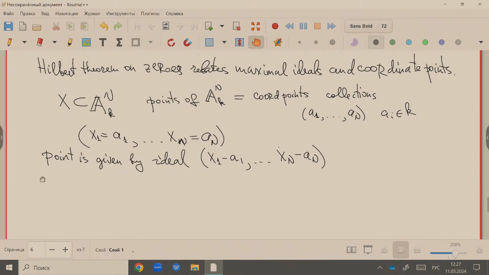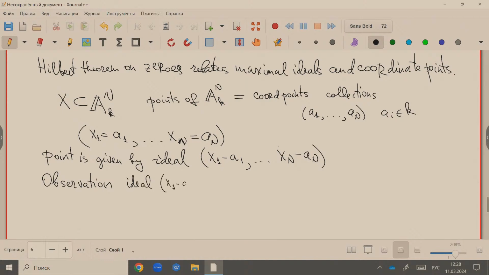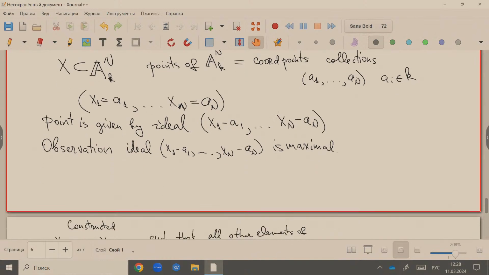Observation: the ideal (x1 minus a1, etc., xn minus an) is maximal, because you have the following evaluation map.